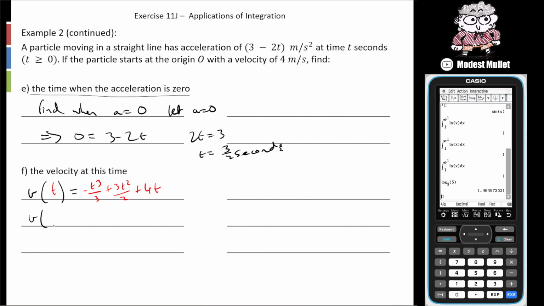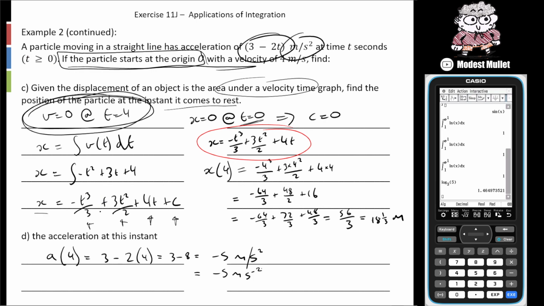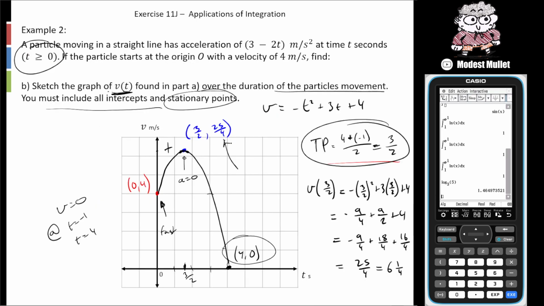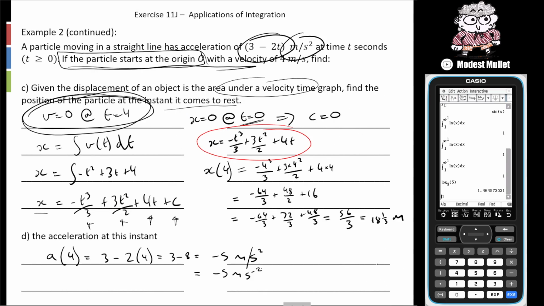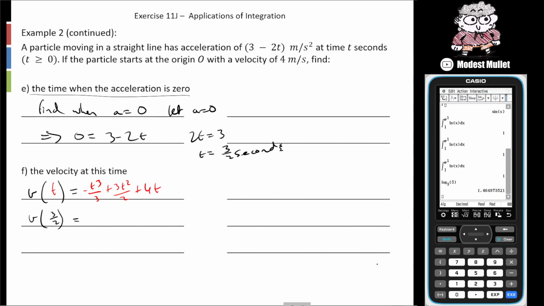So v of 3 on 2 is equal to, and we can substitute it all in, but we've done this work. We did it when we had to find the turning point. We did it all here. So we figured out it was 6 1/4 or 25 on 4. Let's go with 25 on 4 meters per second. Or you can write it that way. And that's it.